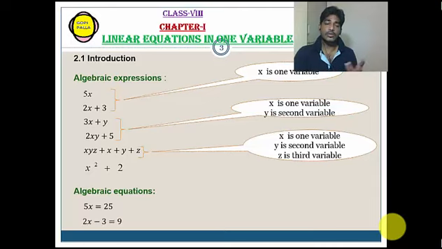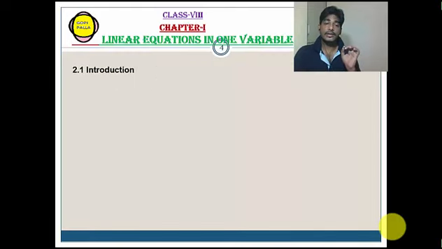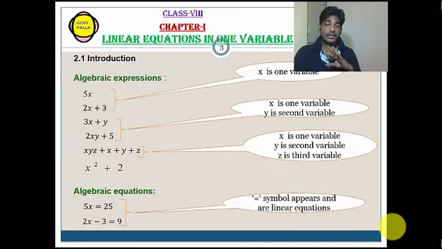Similarly it may be anything, like 2x minus 3 equals 9. The notation you should remember is that they should be connected with an equality symbol, and these are called linear equations. Why these are called linear equations, we'll see in the next slide.